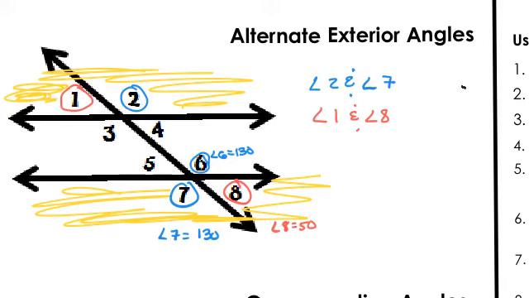And we know that angle 4 and angle 6 are supplementary angles. So therefore, angle 4 is 50 degrees. And angle 1, because of vertical angles, is 50 degrees. Therefore, angle 8 and angle 1 are congruent. Angle 1 is 50 degrees. Angles 4, 5, and 8 are all 50 degrees.